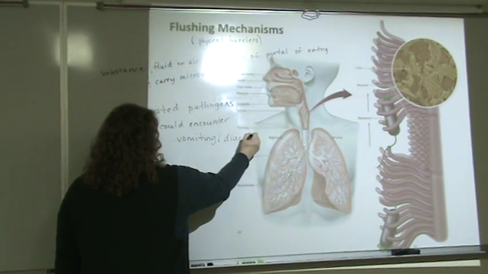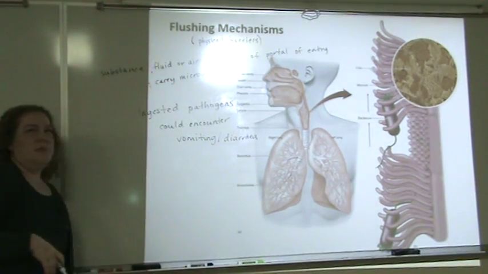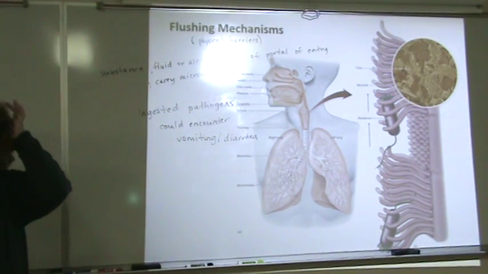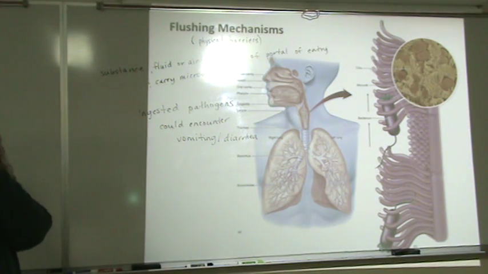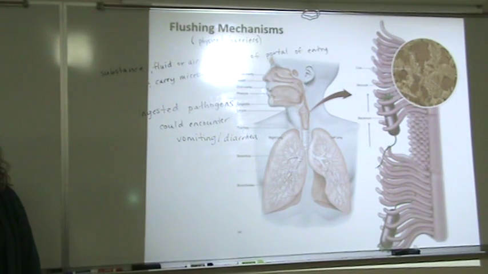Vomiting or diarrhea are both sometimes flushing mechanisms. Diarrhea can be a cause of disease, but it can also help you flush pathogens as well. It's kind of a chicken and an egg thing. Vomiting, a lot of times when you're vomiting, it's because your body thinks that something is dangerous and you need to get it out of your stomach.